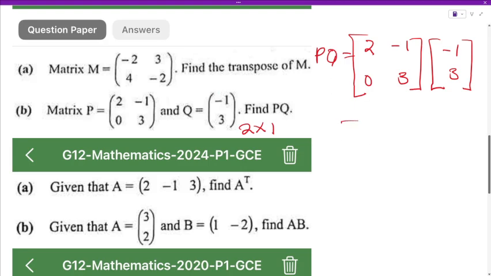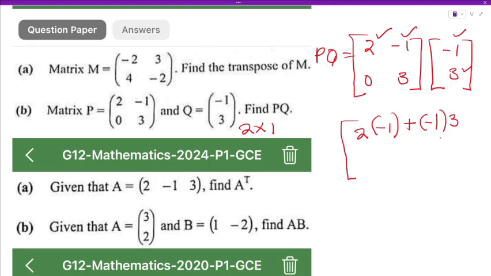So I know to say it's going to be something like this. So it's going to be 2 times -1, or I can just put a bracket, -1, since it's a negative number. Then I'll say plus, because there's another entry within that row. Then I'll say -1 times 3. Okay, so I'll put that one in brackets, -1. Let me write it properly. I can put the 3 there. Whenever you have a number right before or after a bracket, it simply means it's multiplying with that bracket, right?